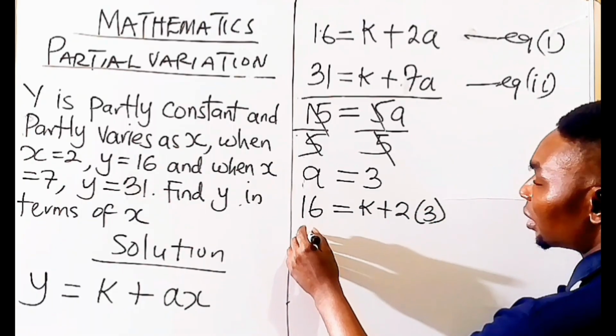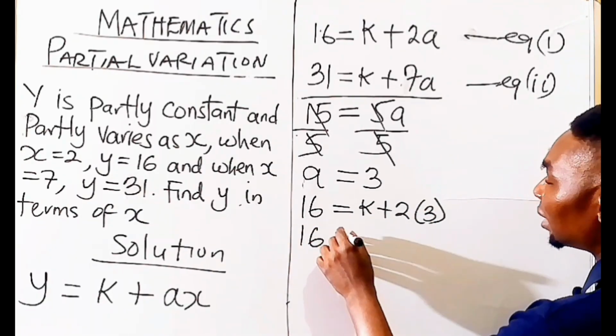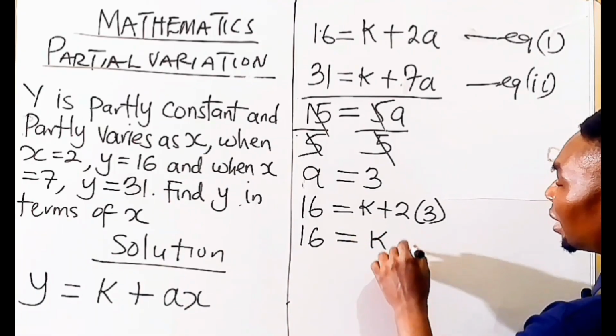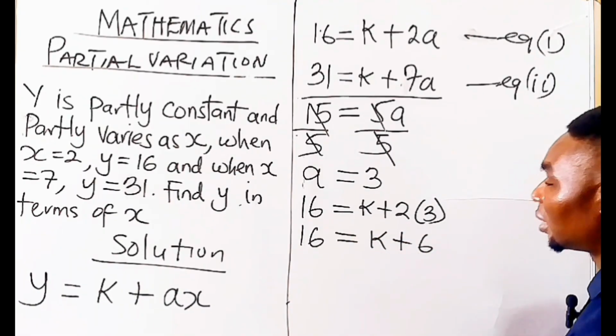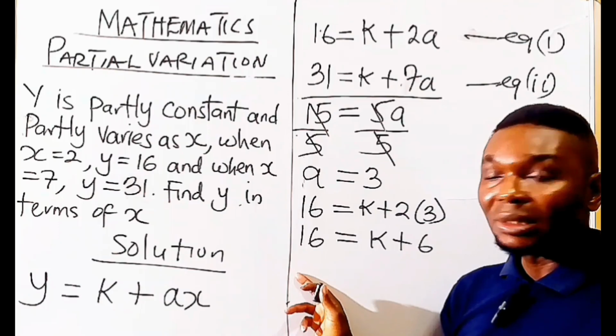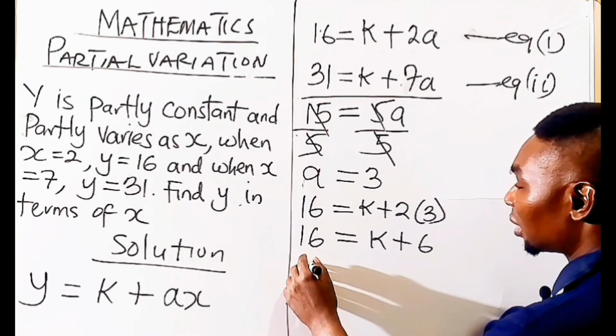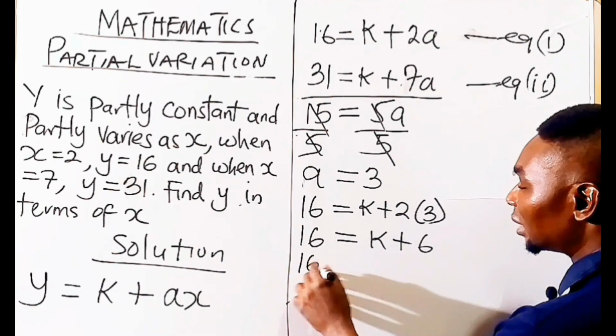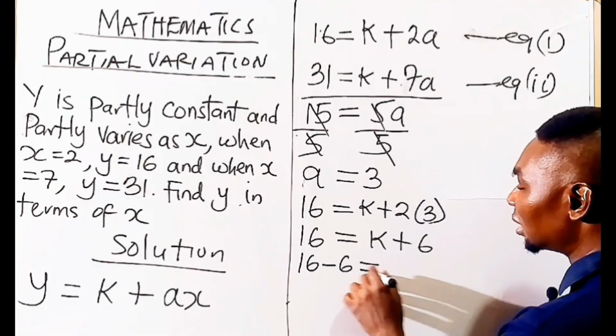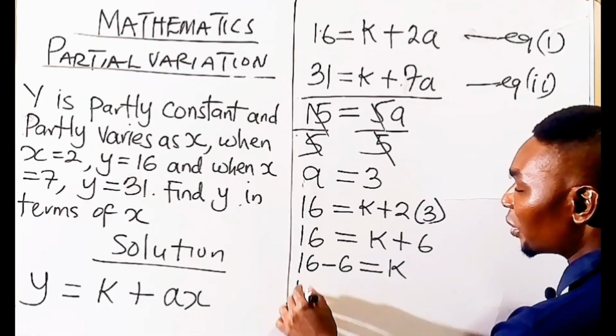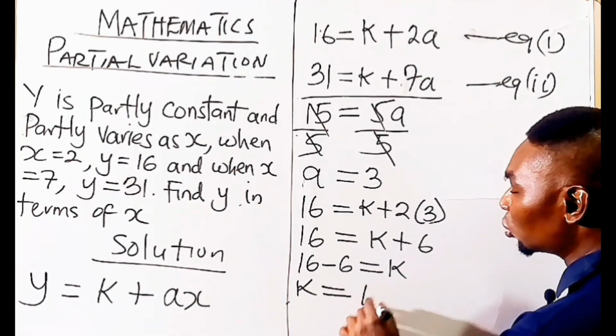So at this point, we have 16 is equal to k plus 6. If you collect like terms, you are going to get 16 minus 6 is equal to k. Therefore, k is equal to 10.